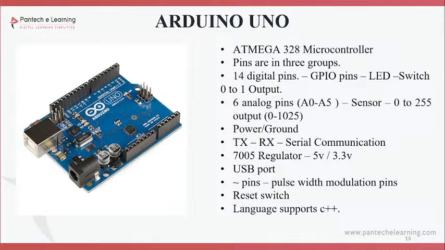After that, what is the working voltage of this Arduino microcontroller? It should be 5 volt and 3.3 volt maximum. The minimum voltage is 3.3 volt, and the maximum voltage of this microcontroller is 5 volt.